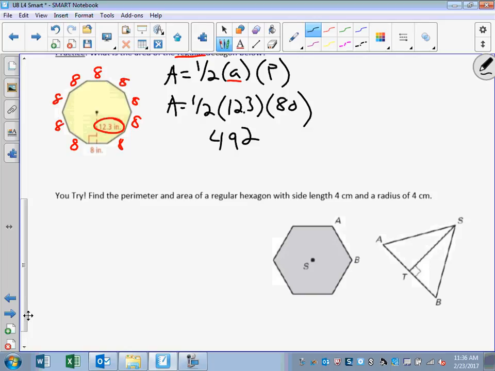So when you do all this out, you should get 41.5 or 41.6. So when you work all this out, you should get 41.6 as your answer.